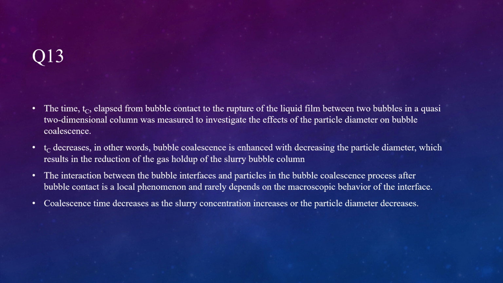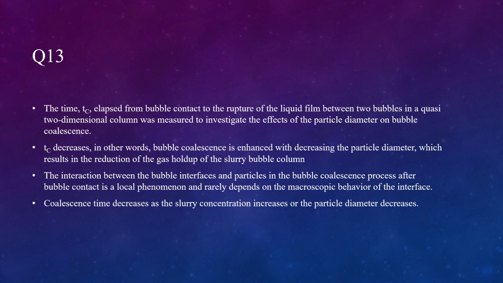So in other words, bubble coalescence would be enhanced when Tc is decreased. When Tc is decreased, bubble coalescence is enhanced. This would happen when the particle diameter is decreased. When particle diameter is decreased, the chances of two bubbles coming in contact with each other and coalescing is increased.